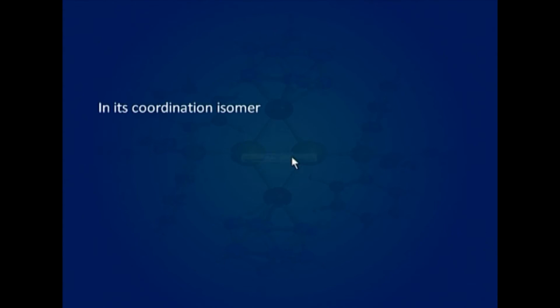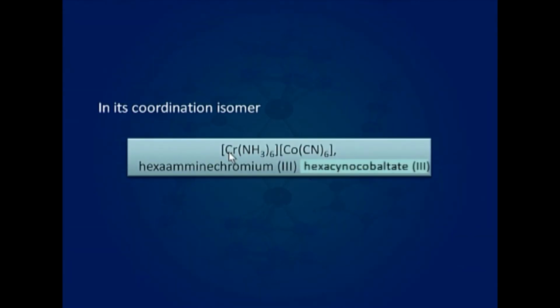But in its coordination isomer, that is [Cr(NH3)6][Co(CN)6], hexaamine chromium 3 hexacyanocobaltate 3, 6 amine ligands are coordinated to chromium and 6 cyano ligands are coordinated to cobalt. Hence, these two are coordination isomers.